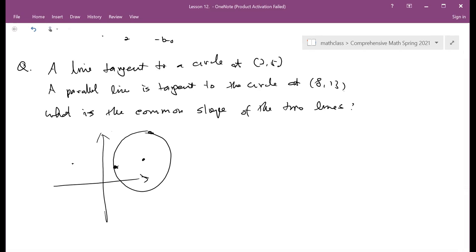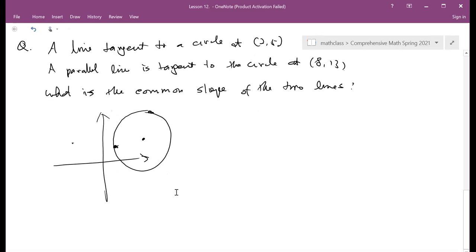Let me check the... oh, I see what is missing here. Let me redraw the picture. Yeah, there is additional information missing. Otherwise, this problem cannot be solved.